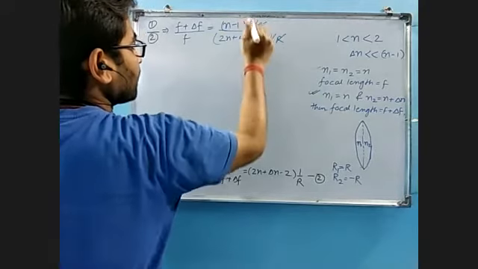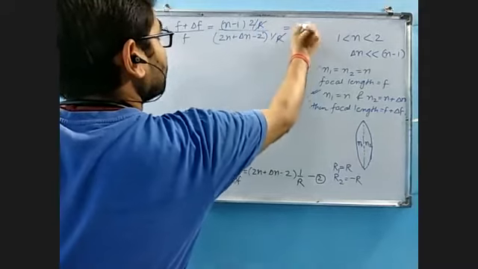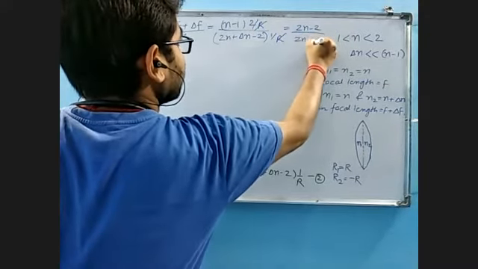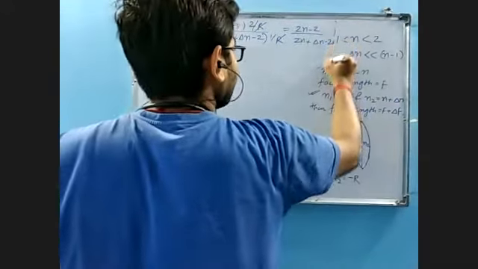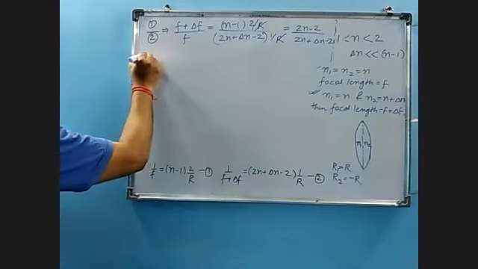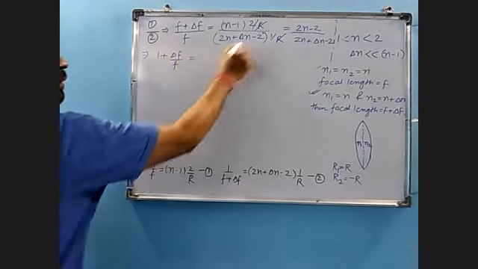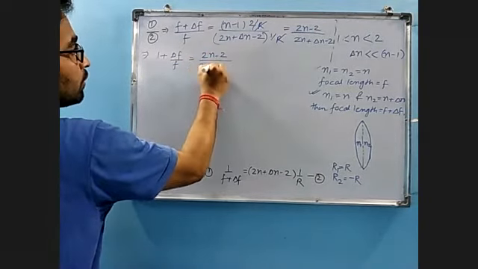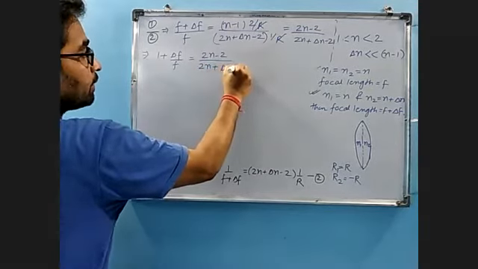This r will get cancelled, and this will be 2n minus 2 upon 2n plus delta n minus 2. This is the value we are looking for. Solving the left part, we will get 1 plus delta f by f equal to 2n minus 2 upon 2n plus delta n minus 2.